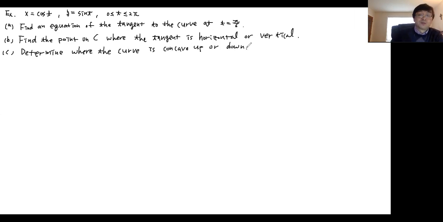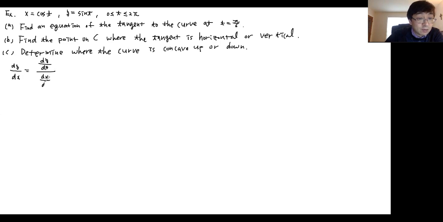So if you want to solve number A and number B, you need the first derivative. So you can calculate the first derivative. What is dy over dx? dy over dx is the usual formula, dy over dt over dx over dt.